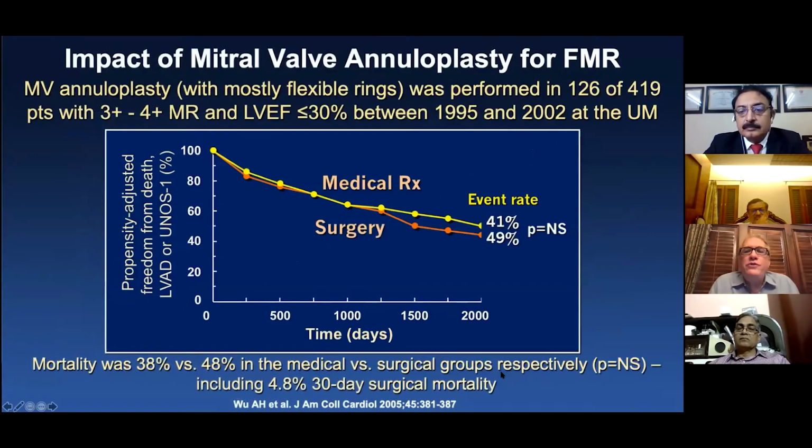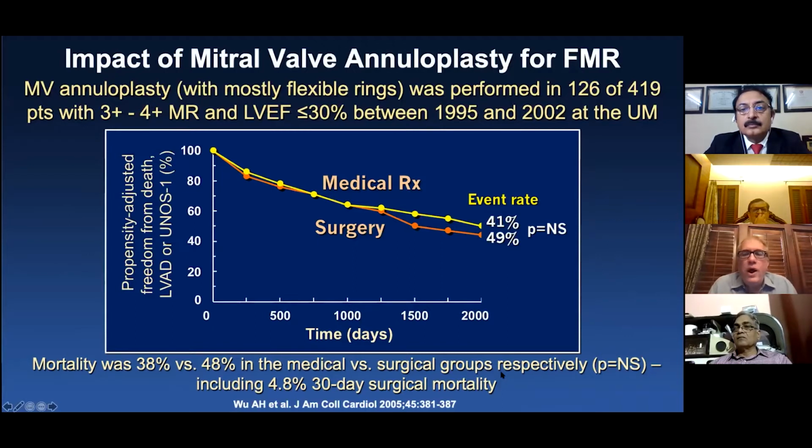The situation is very different after functional mitral regurgitation. Again, there are no randomized trials, but when we look at registry data comparing outcomes of patients with cardiomyopathy and secondary or functional mitral regurgitation that are either treated medically versus surgery, we don't see differences in cardiac death, overall survival, or composite endpoints.